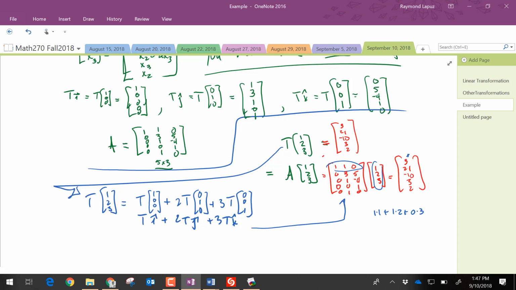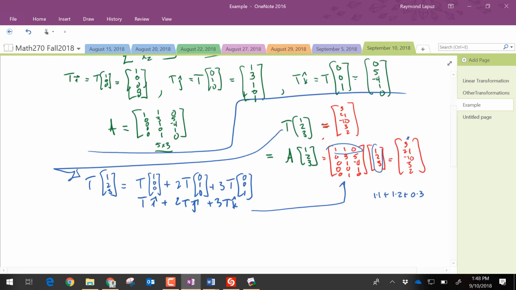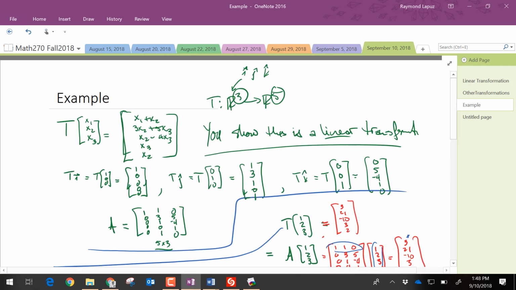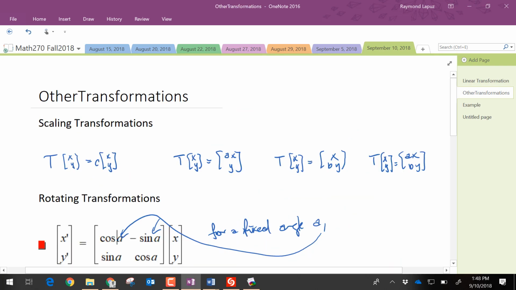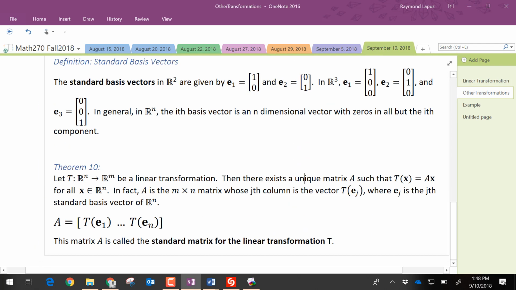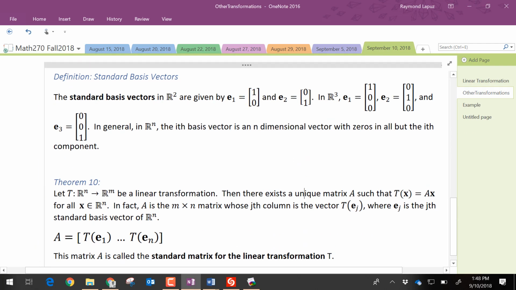Yes. It's going to be 1 at whatever spot it's addressing, and then zeros for the rest. And that is what we would call, so if you're in R2 or R3, the standard basis vectors that we know from maybe physics, or from Calc 3, maybe even in pre-calculus when we're dealing with vectors.